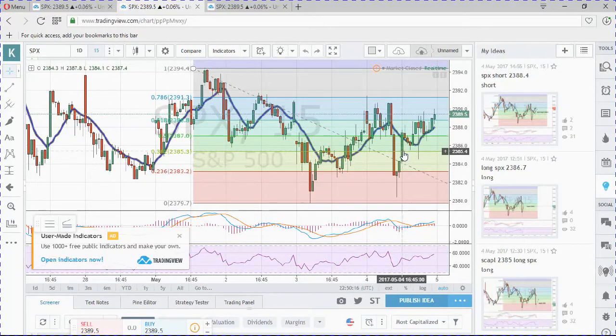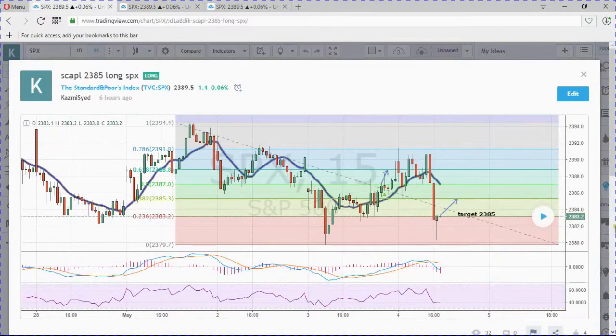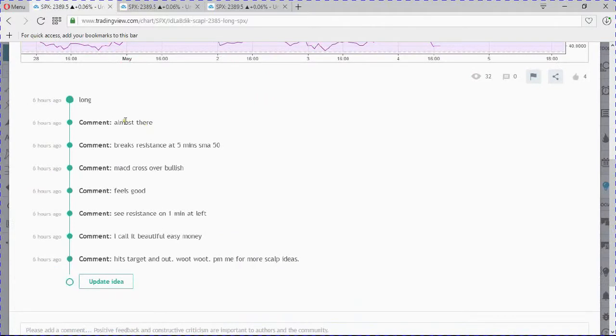It went higher even to SMA 50, which could have been the second target, but since I was scalping, we have to go one by one. So this was the first target that we achieved, and I can show you my results, how I was following that: almost there, break resistance at 5-minute SMA 50, MACD crossover was bullish, and then hits target.